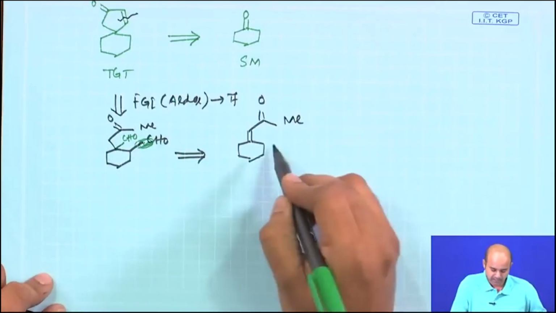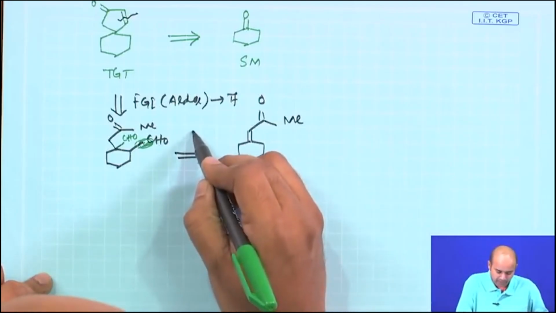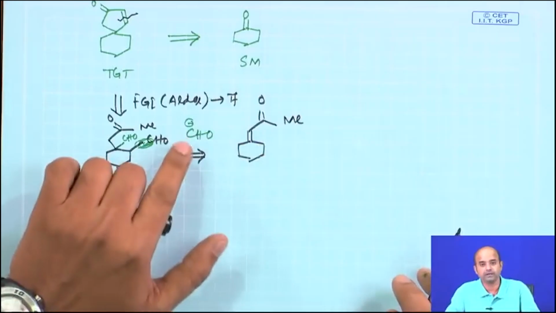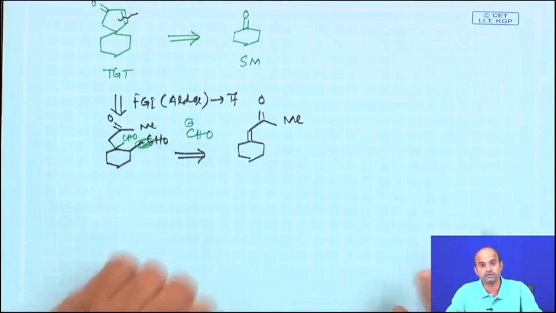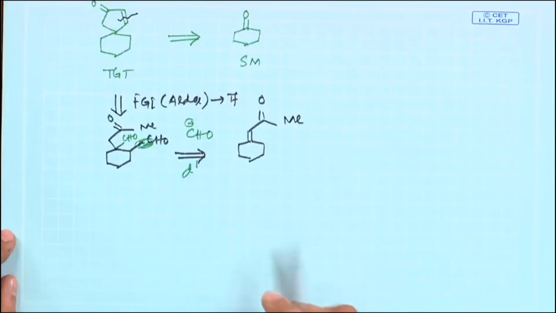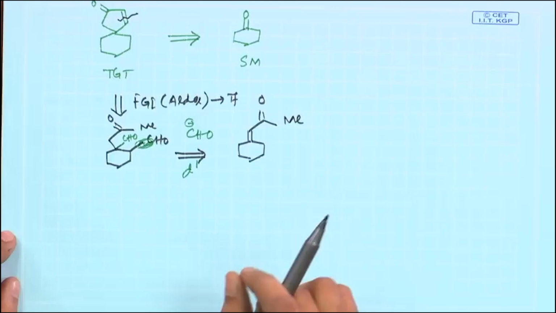Now, next disconnection: if you have some species which is CHO minus, the one we just talked about, the Umpolung species, a D1 species. D1 species means it can donate, and the 1 stands for a single carbon.